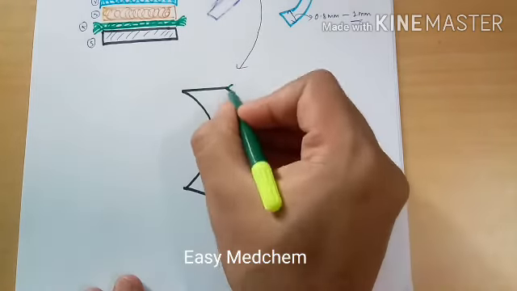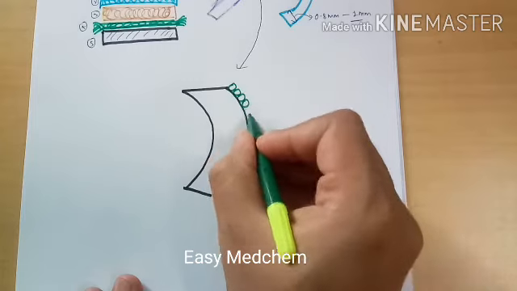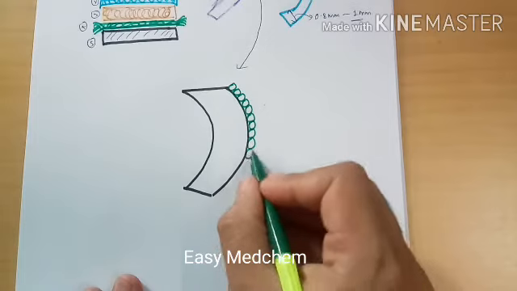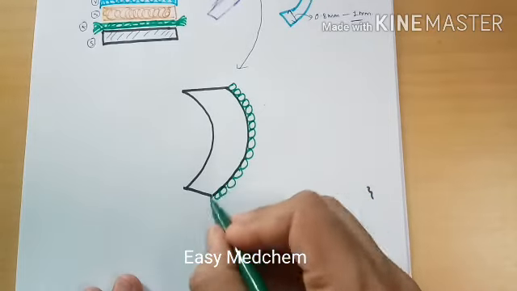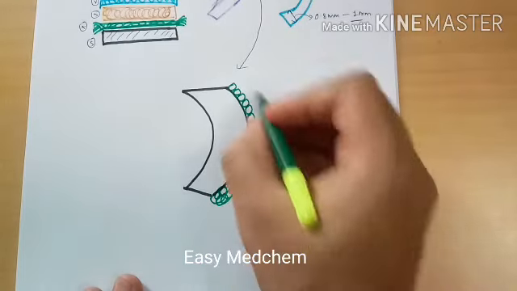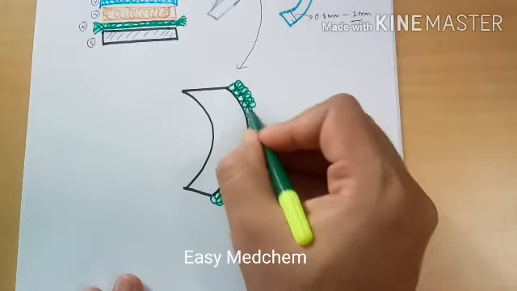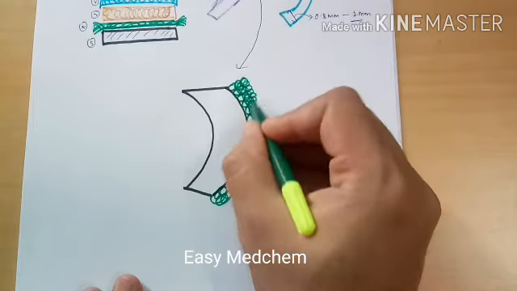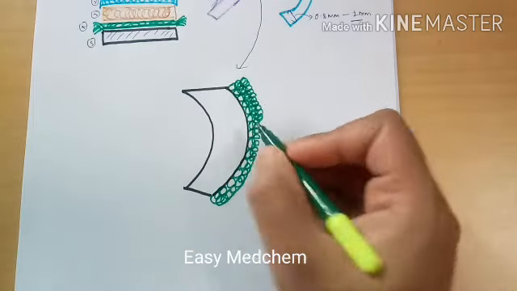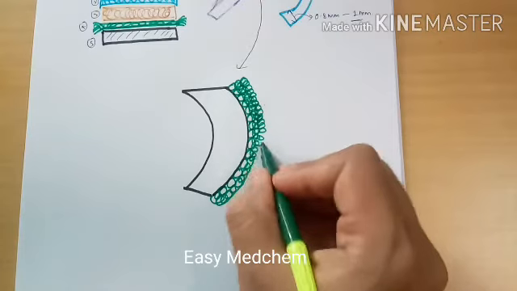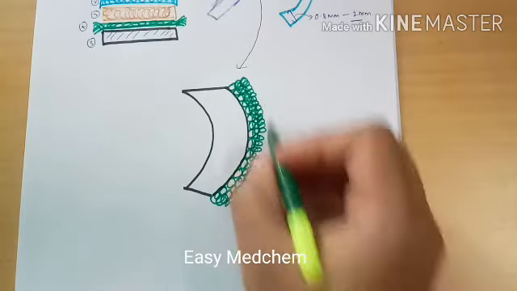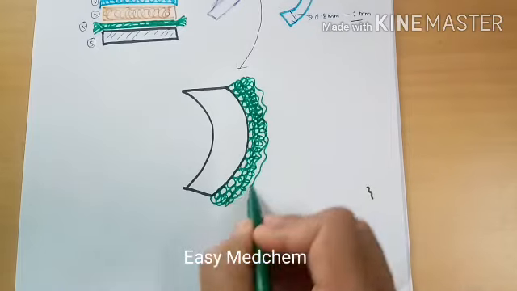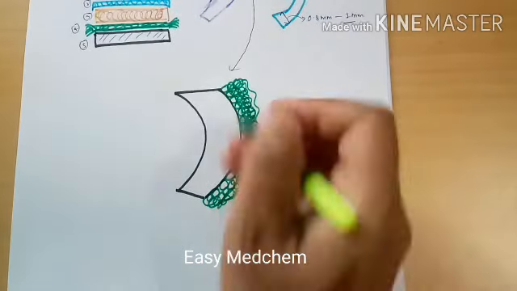This part consists of epithelial layers. Approximately there are 5 to 6 layers in thickness, and as we reach towards the apex, these cells get flattened.